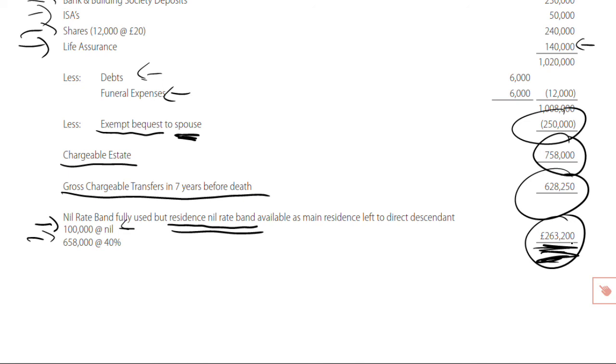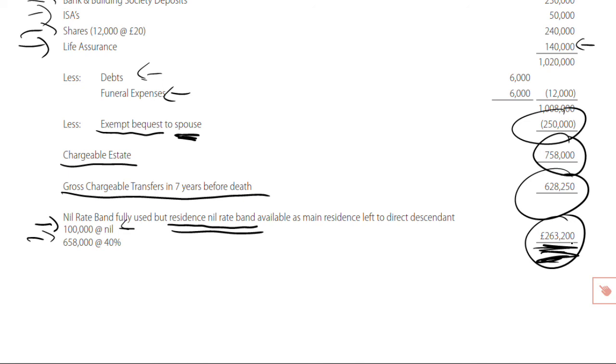If you had a PET 8 years before the date of death, another PET 6 years before the date of death, only the PET 6 years before the date of death would be taxable. And that would start with a fully available nil rate band of 325,000. None of it would be deemed to have been used on the earlier PET because it was potentially exempt when made, is exempt on death. It will not have come into any of the computations.